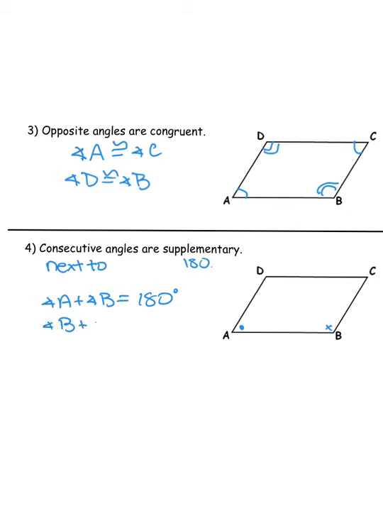Angle B plus angle C adds up to 180. Angle C plus angle D add up to 180. And angle D plus angle A add up to 180. So if you have two angles that are next to each other, they add up to 180.